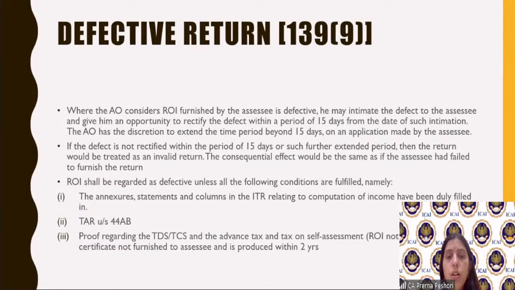So therefore, as per the amalgamation scheme, right, the particular appointment date is fixed by the NCLT. Right? So in that case, they would come into force from that particular appointed date.